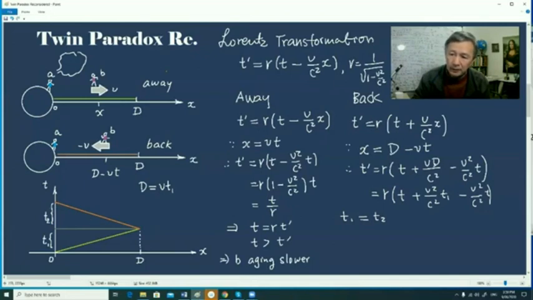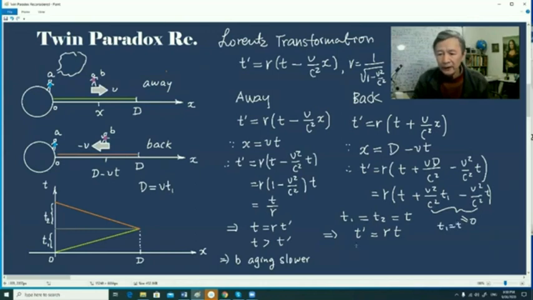In the final moment, we can simply assume that t1 equals t2 equals t, so t here would be a constant. What we obtain is very interesting: t prime will equal gamma times t, because this part will vanish if we let t1 equal t.